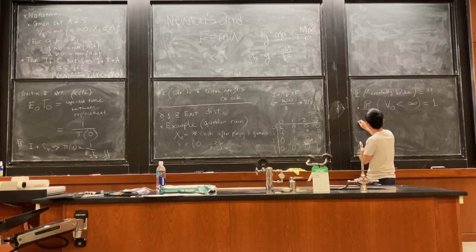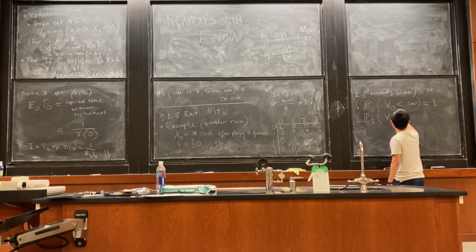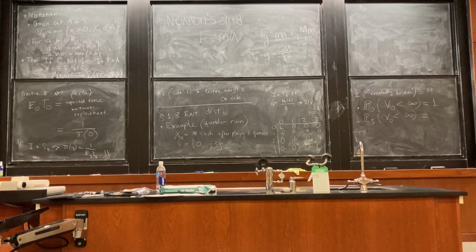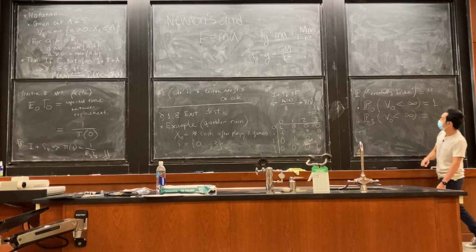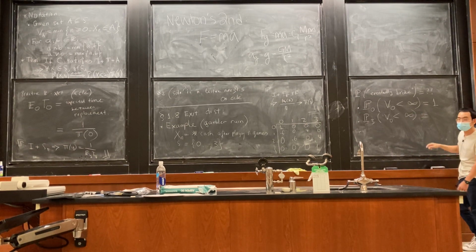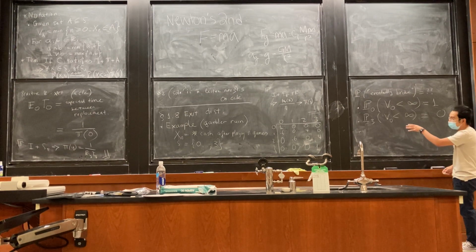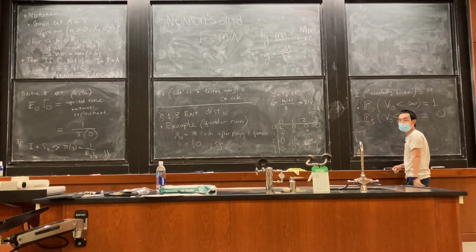On the other hand, suppose I start with $3, what is this probability? Zero, right? Because I'm already rich, it can never be broken. So 0. Now the next thing is what happens if I start with either $1 or $2.